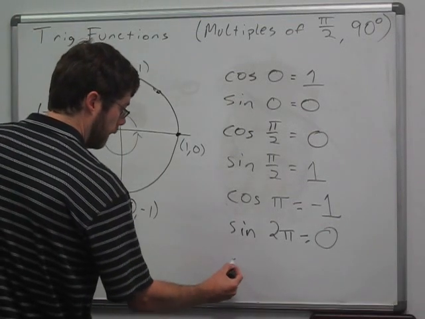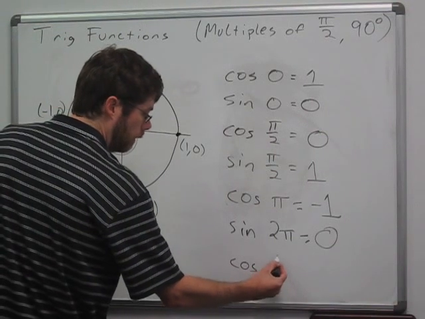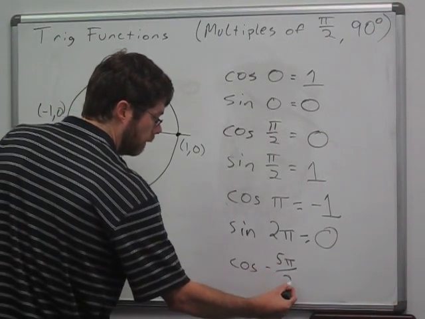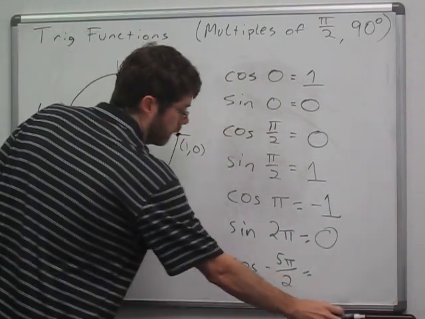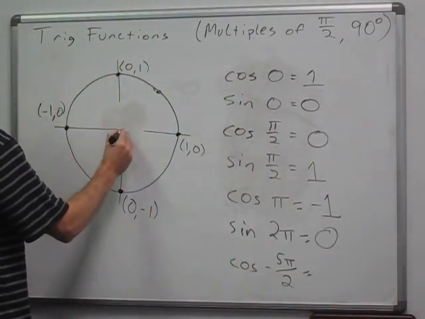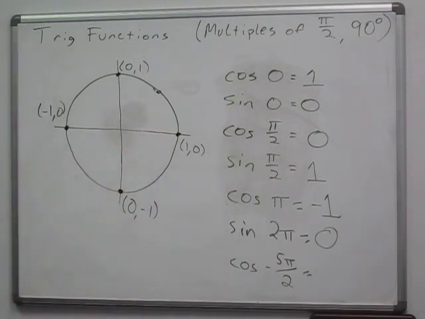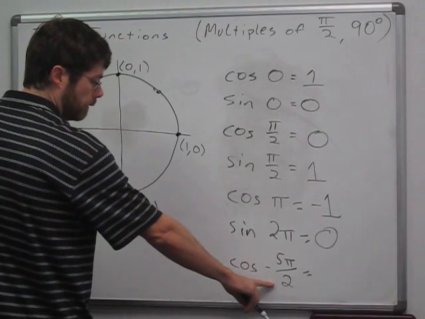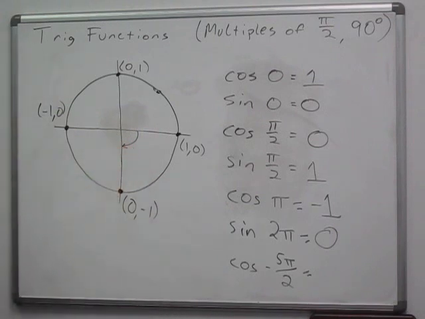Let's do one more. How about cosine of negative 5 pi over 2? Right, using the circle, we can evaluate our trig functions for any rotation. A rotation of negative 5 pi over 2 is going to head in the clockwise direction.